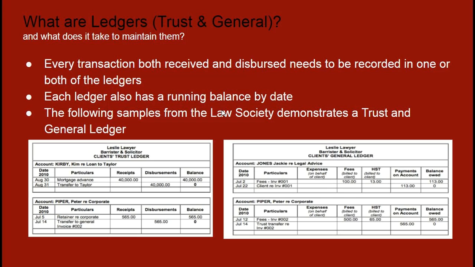Considering that to be a real life financial transaction, it's important that you capture that information. Why it's important is because there's a time sensitivity towards that transaction. In a document such as the ledger, the expectation is that you capture the date when such a transaction actually happened in real life. So when did that customer pay you that retainer? And when did you, as a legal professional, deposit that into the appropriate trust account?